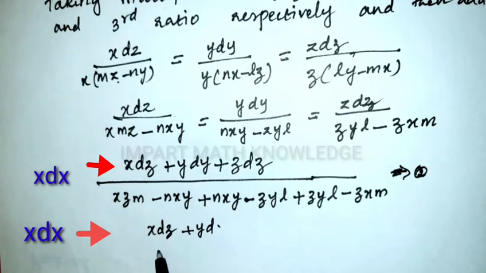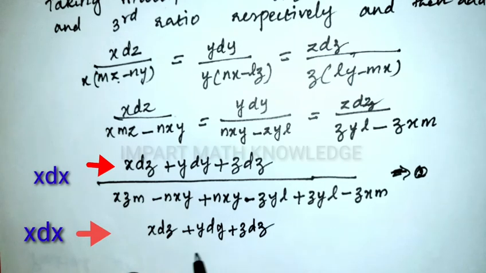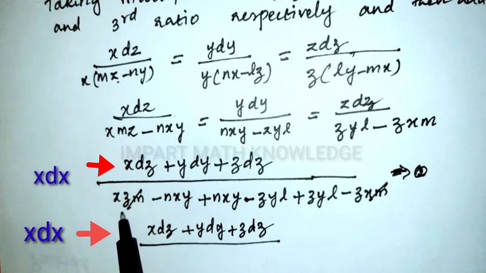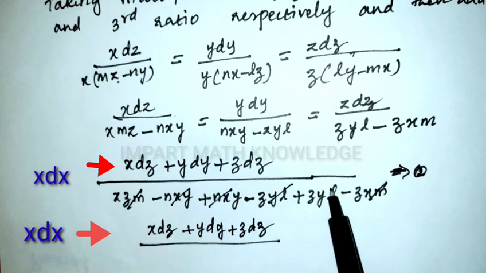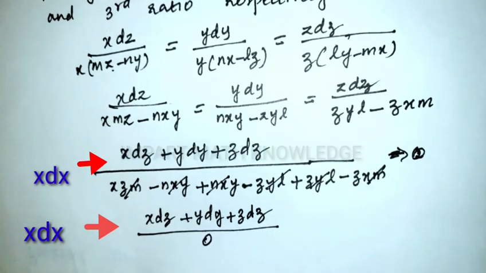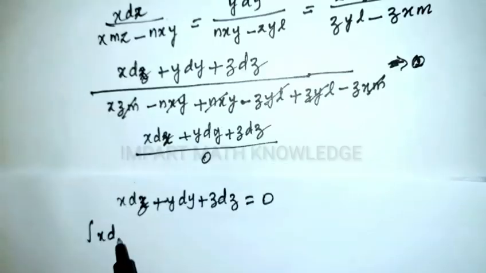Now this can be written as x dx plus y dy plus z dz. In the denominator, xzm and xzm get cancelled, nxy and nxy get cancelled, zyl and zyl get cancelled. So the denominator is 0.